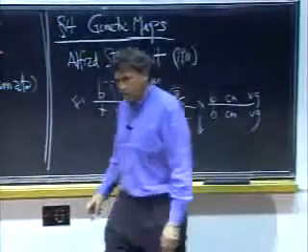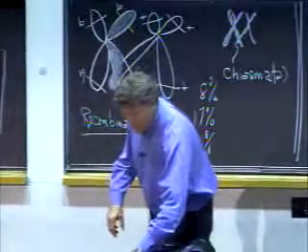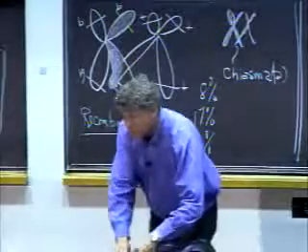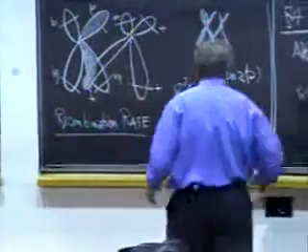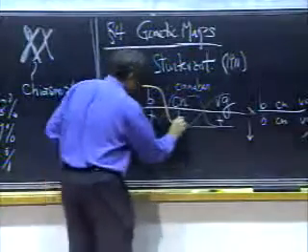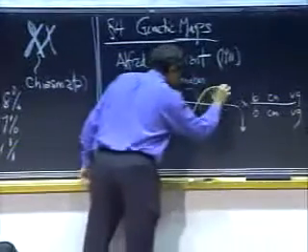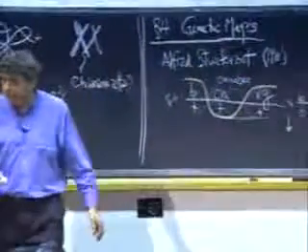Is it possible that occasionally, under this model, you might get two crossovers? Might it be the case, if we believe in this stuff, that a crossover might occur between black and cinnabar, and a crossover might occur between vestigial and cinnabar?